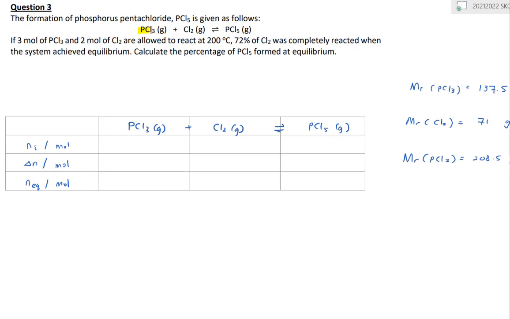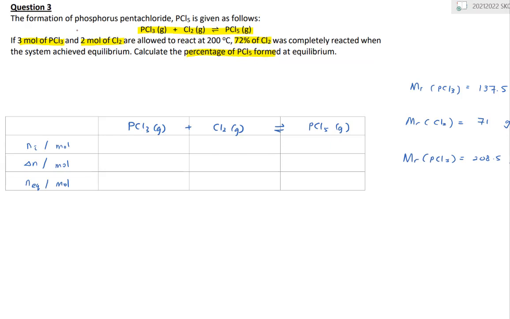So the equation given is already balanced. If 3 moles of PCl3 and 2 moles of Cl2 are allowed to react at 200 degrees Celsius, 72% of chlorine was reacted when the system achieved equilibrium. Then, calculate the percentage of PCl5 formed at equilibrium.